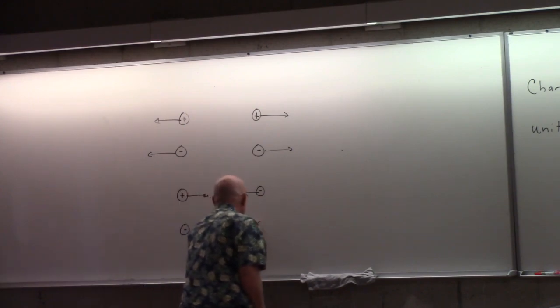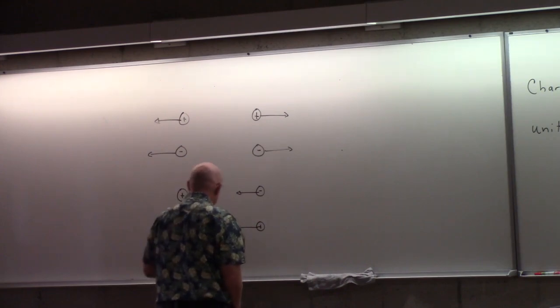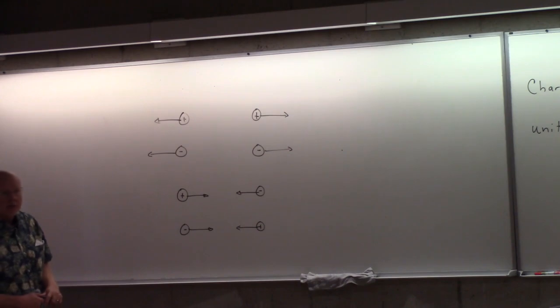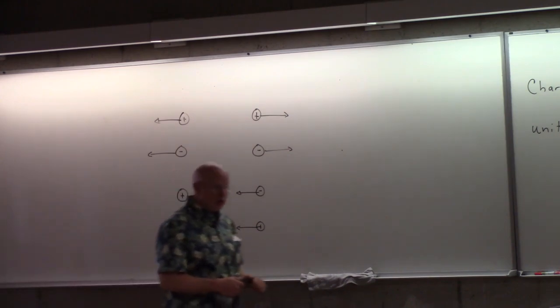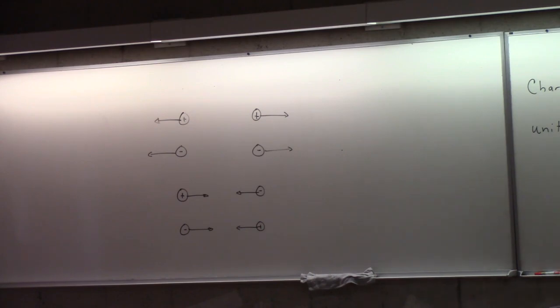And it probably doesn't need to be drawn, but I will anyways. If you have opposite charges in the other order, they still attract. And so again, the phrase we like to use is like charges repel, unlike charges attract.